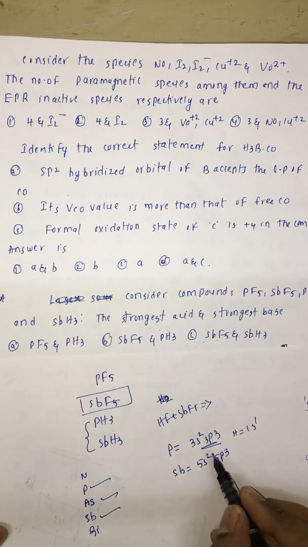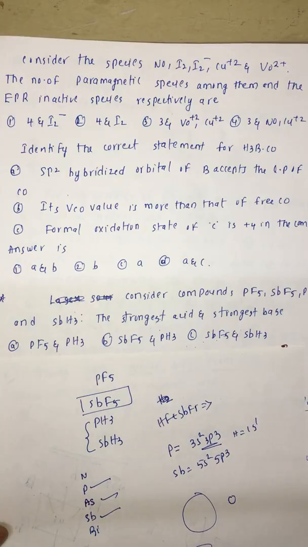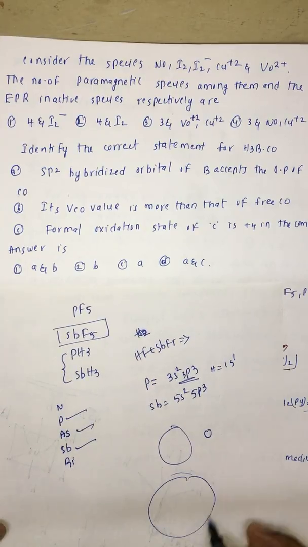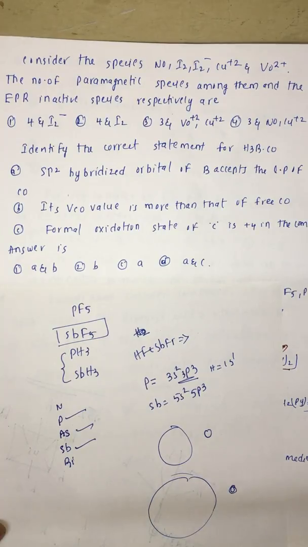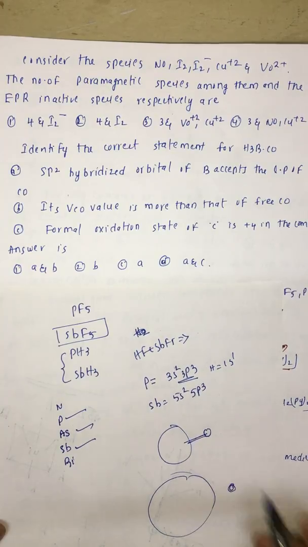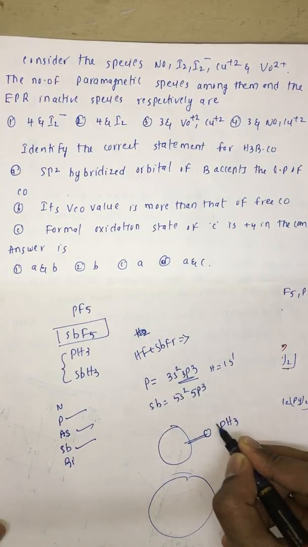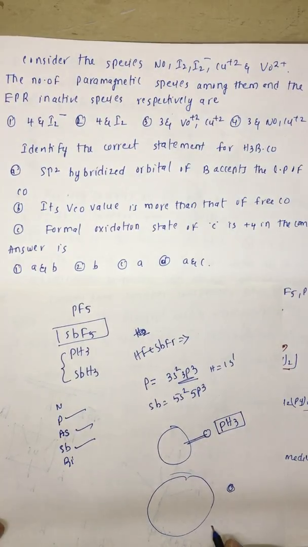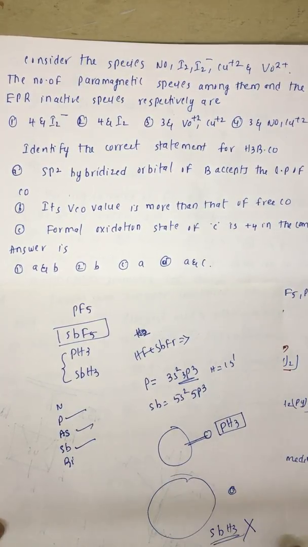The 3p orbital will be bigger in size, and the 1s orbital will be this much small, whereas the 5p orbital is even bigger, and hydrogen will be like this. In both cases we see less overlapping only, but here we can see proper overlapping. So the more basic will be PH3, whereas with SbH3 we cannot see proper overlapping because of orbital sizes. Because of that reason this will be least basic.